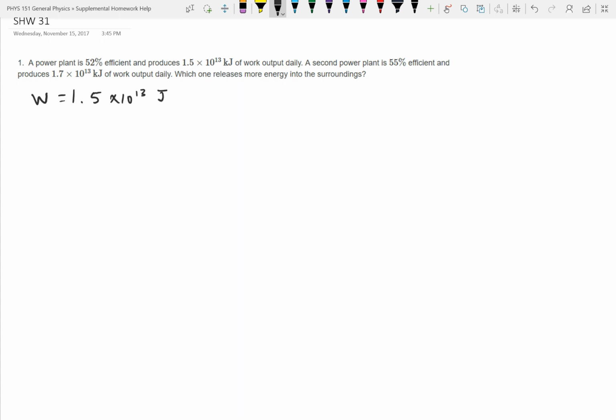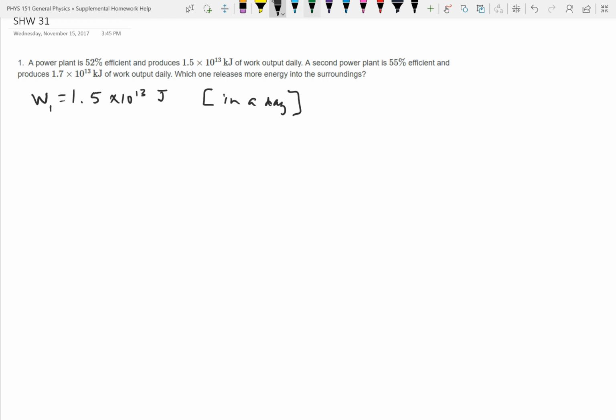Technically, that's a power, but we're just going to say that it's the work for 1 day. And that's the work from the first power plant.